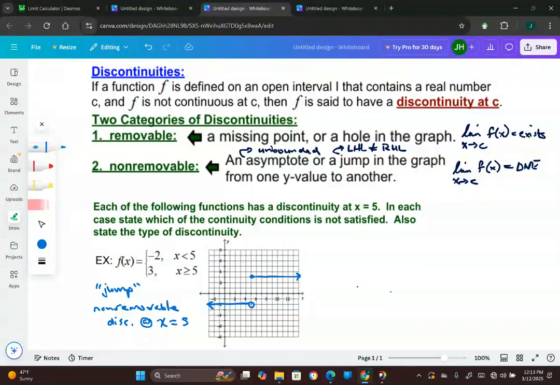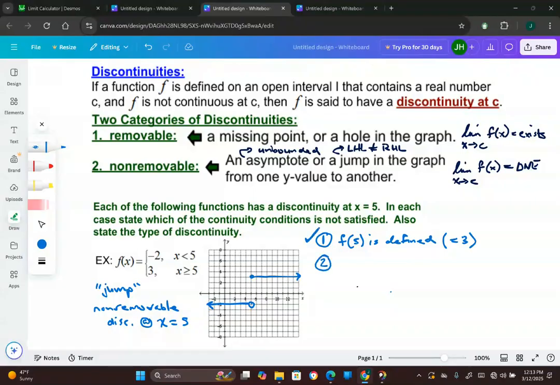Now, you may have to give the reasons on a test or on an AP exam as to why it's not continuous there. Well, we're going to check our 3 conditions. Part 1. Does f of 5 exist? Is it defined? Yes. F of 5 is defined. Can you all see what f of 5 is? F of 5 is 3. Part 1 is satisfied.